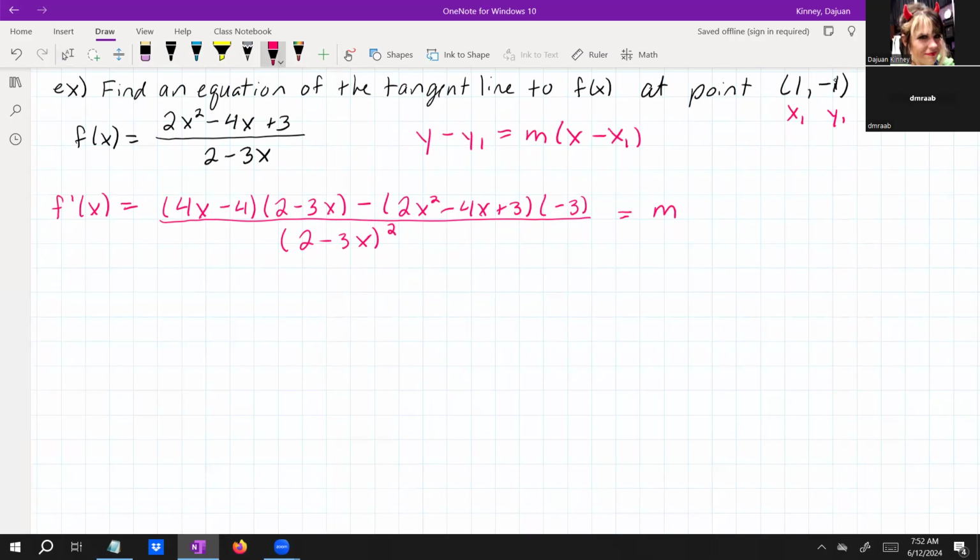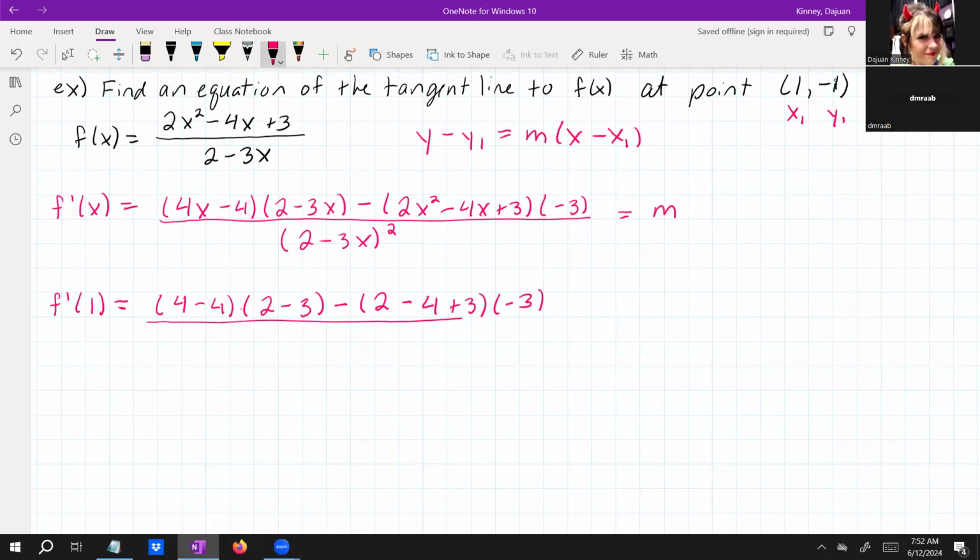So I'm going to say f prime of 1 equals, I'm going to do a little simplification as I go. So 4 times 1 is 4, minus 4. 2 times 3 times 1 is 3, minus 2 times 1 squared, 4 times 1, all over (2 minus 3) squared.